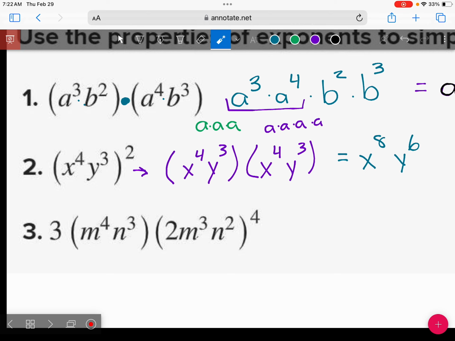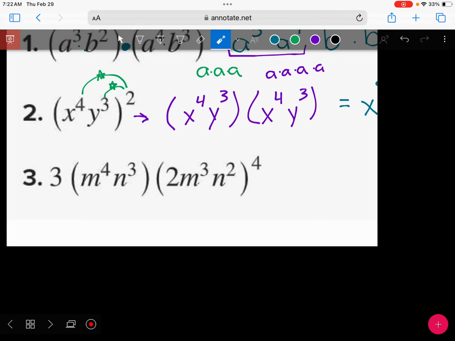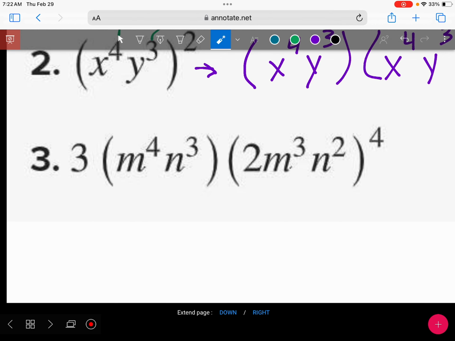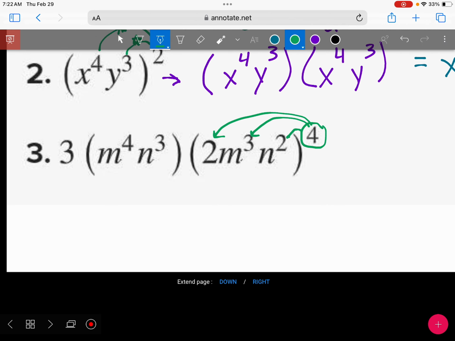So you can absolutely write them out the long way, but sometimes they get real long. And that's a lot. So it's easier if we can notice the pattern, especially on the next one, where we're going to take this 4 times all the exponents of all the pieces here. So this last one combines everything together.